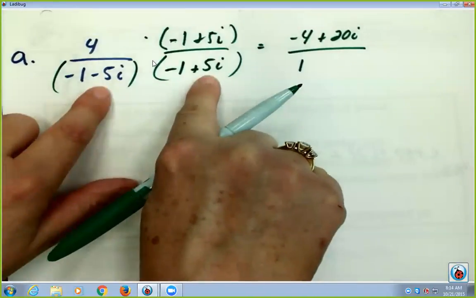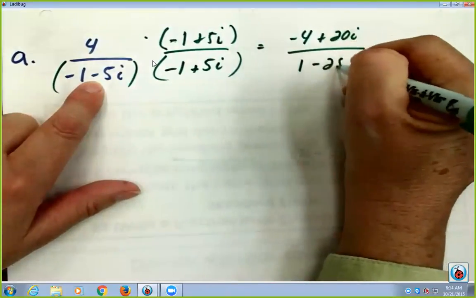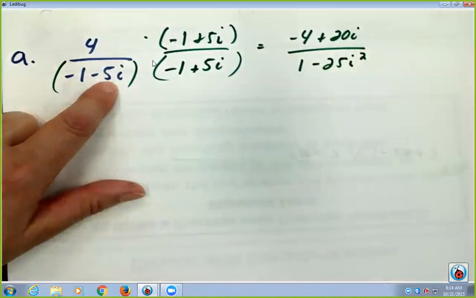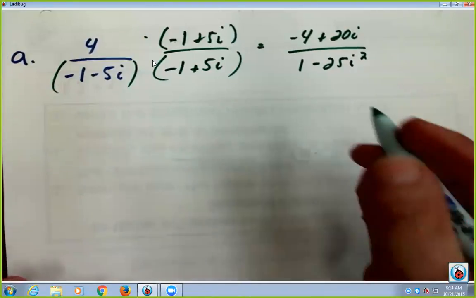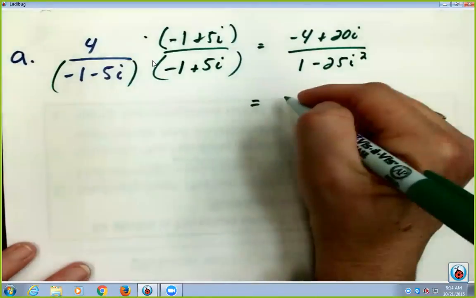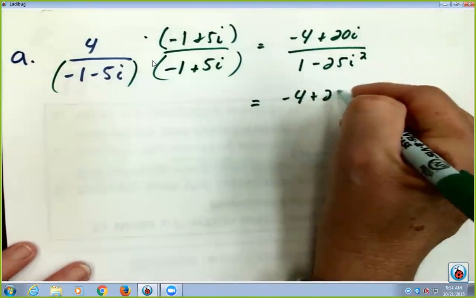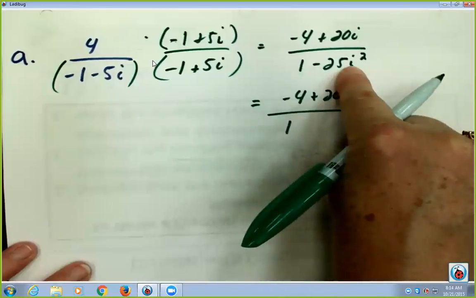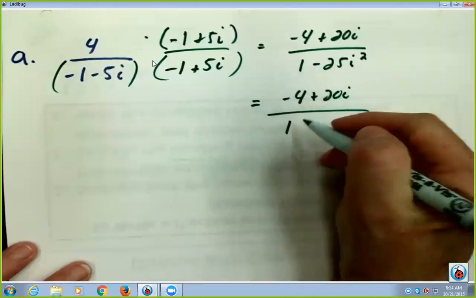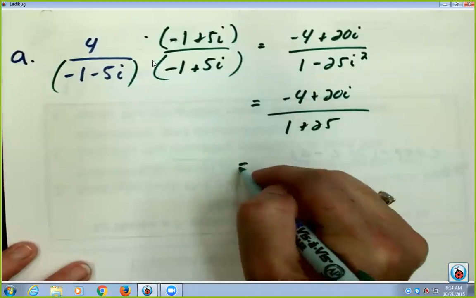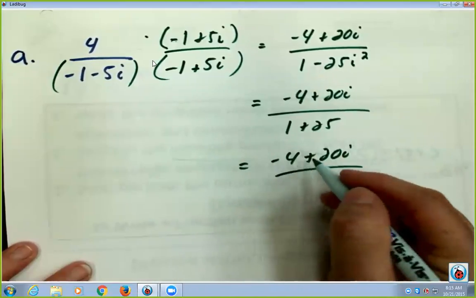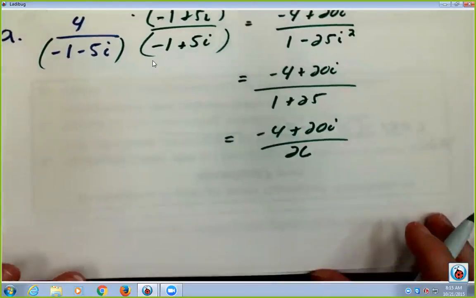Do the last terms, it's going to give me a minus 25, and I'm going to end up with an i squared. So this is still a negative 4 plus 20i. In the bottom, that i squared makes it a negative 1 times a negative 25, which makes it a plus 25. So I have a negative 4 plus 20i over 26.